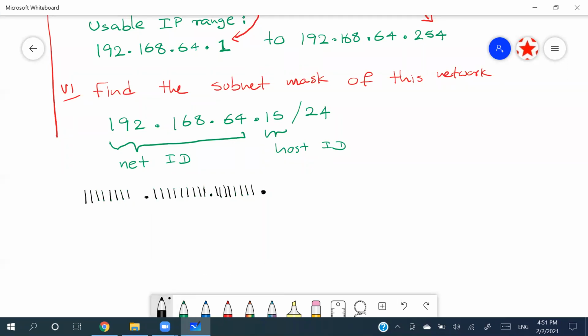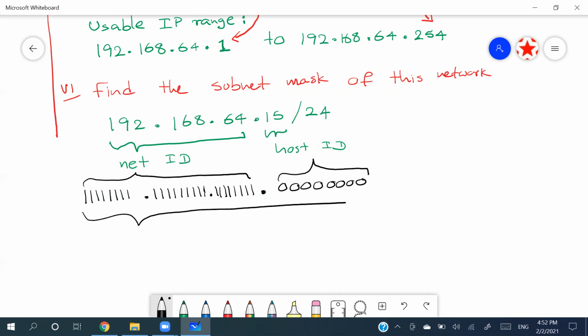And host ID bits representing zeros. Which gives us 255.255.255.0.